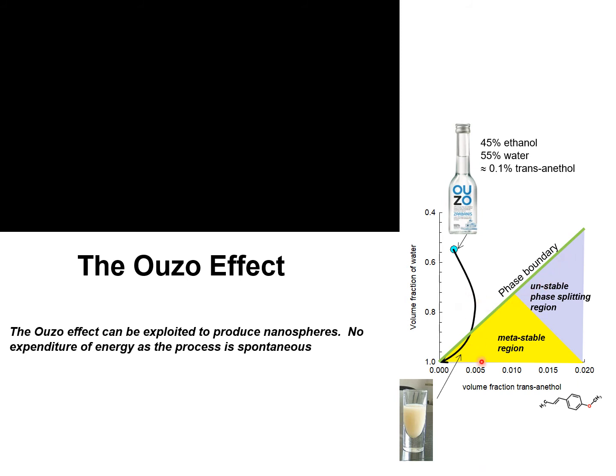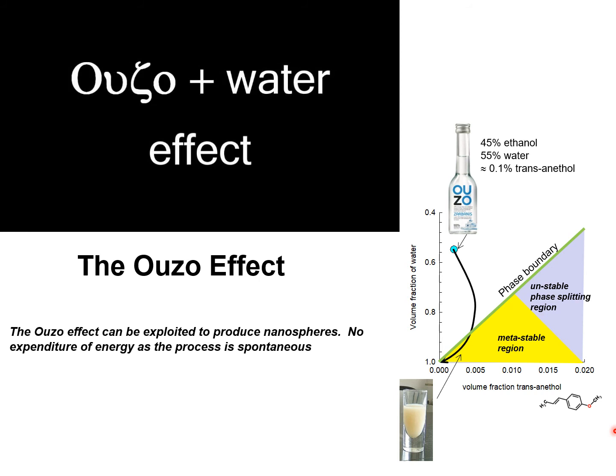There's a region in which we have phase splitting. When you add ouzo to water, it turns cloudy, indicating the entry into the metastable region. Let's have a look at the experiment.